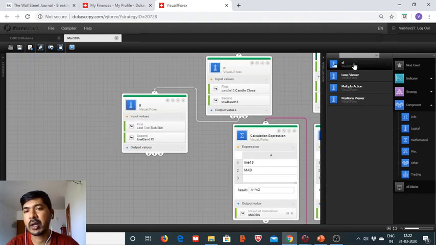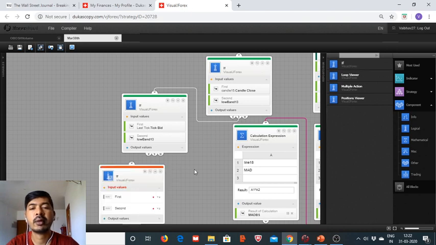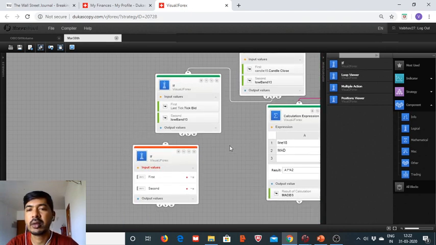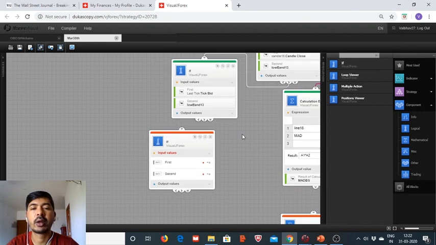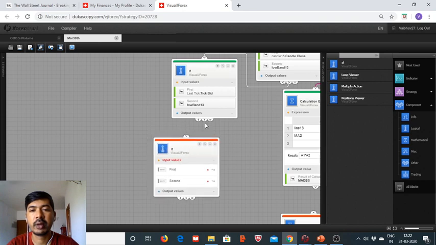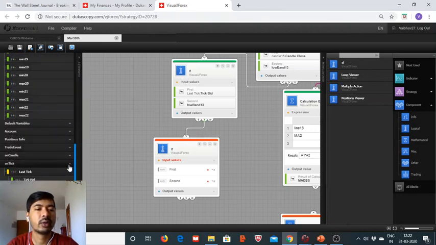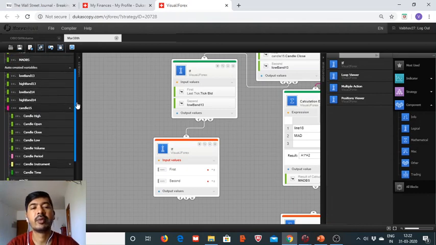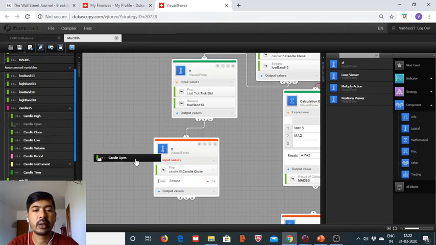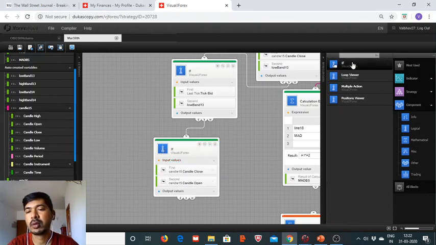Then we want the candle's closing to be in the green. That will mean that candle close was higher than the candle open. Last tick bid should be greater than the lower band, and the candle close on the candle 15, so here is the candle close, should be greater than the candle open.